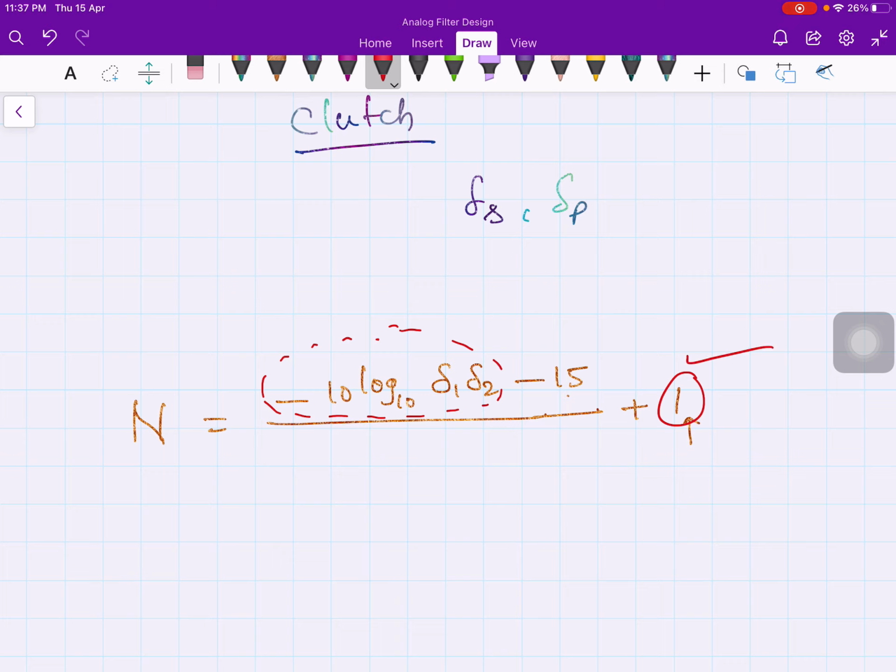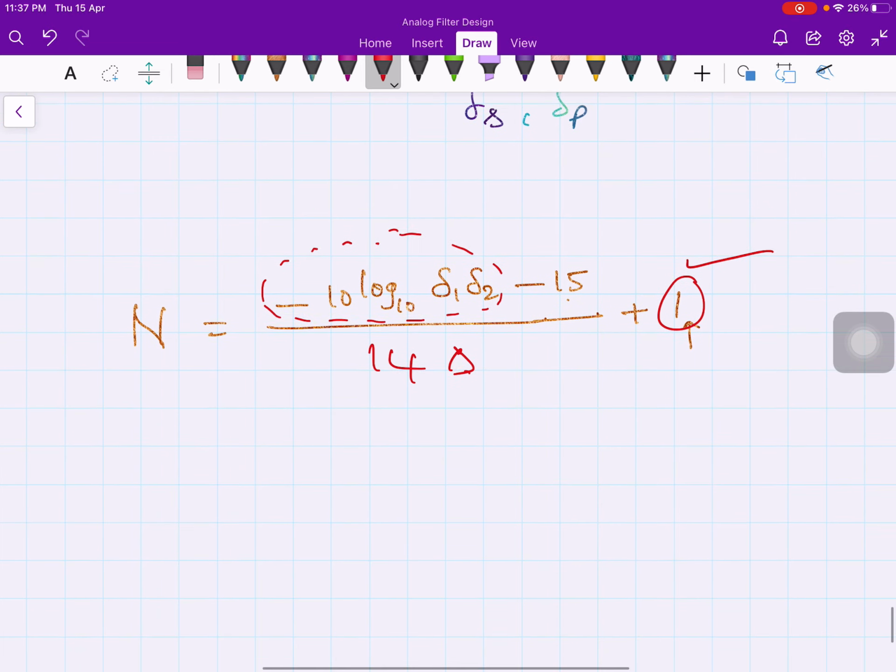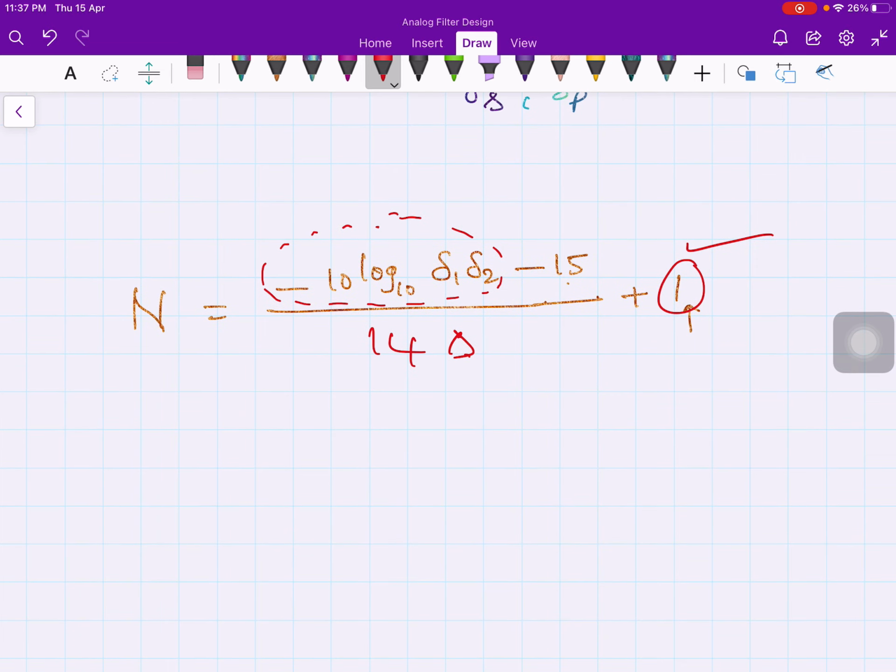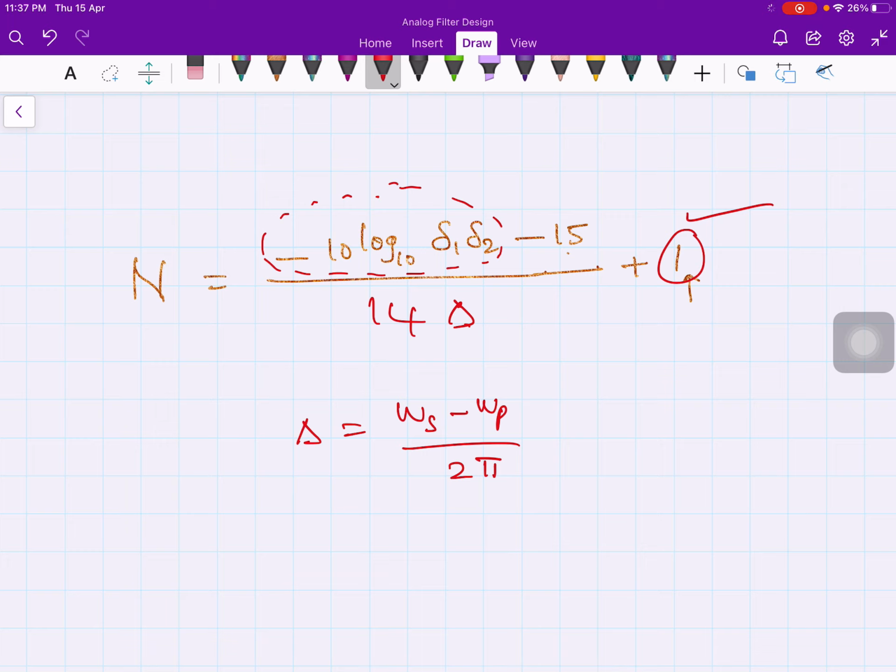You can either add or neglect it, and divided by 14 times delta, and the used quantity delta, where delta in our notation is omega s minus omega p by twice pi. What is omega s?